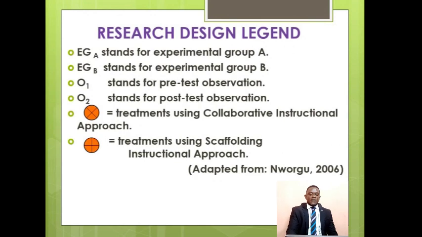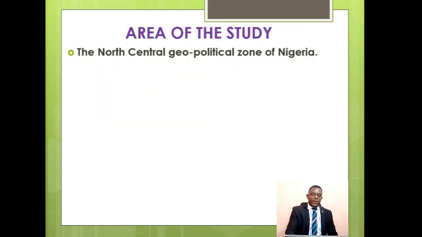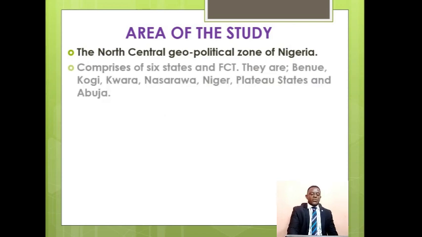The circle is the intervention, which is the treatment given. So the first one is treatment using collaborative instructional approach, beg your pardon, and the second one is treatment using scaffolding.